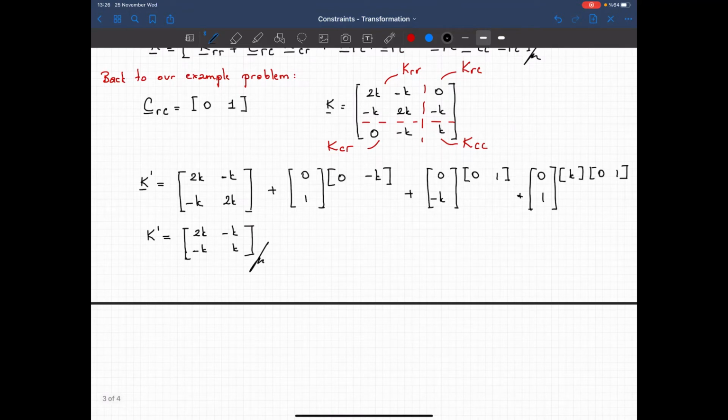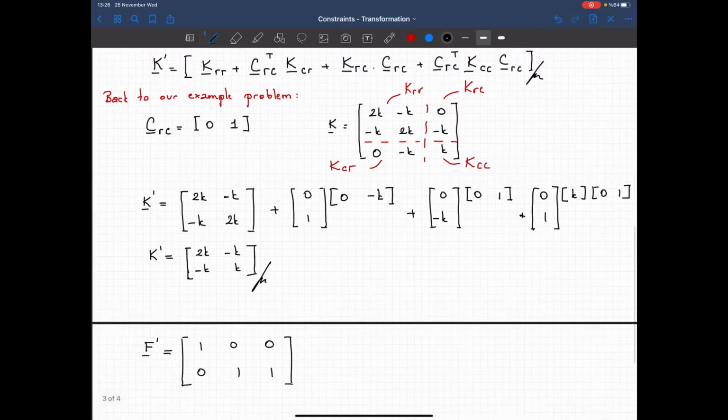Now I have to calculate the constraint force vector, right? And for that I need the transformation matrix. So I got 2 degrees of freedom, so I have the identity matrix here and the constraint C matrix or CRC matrix in here.